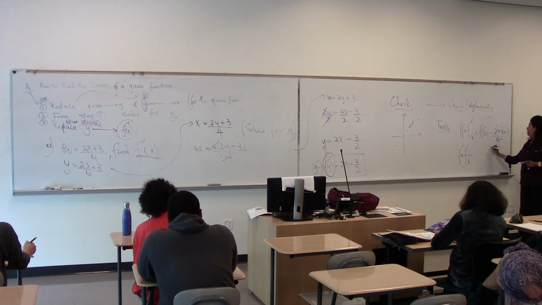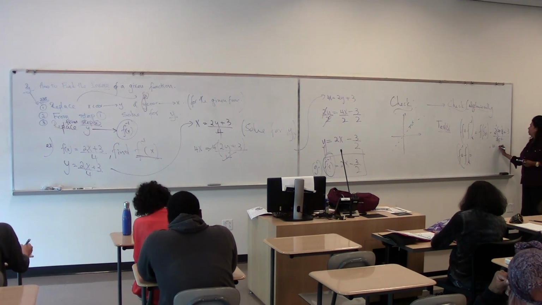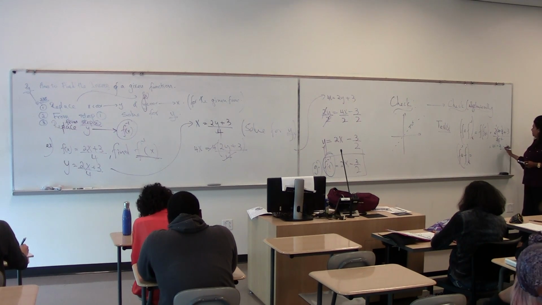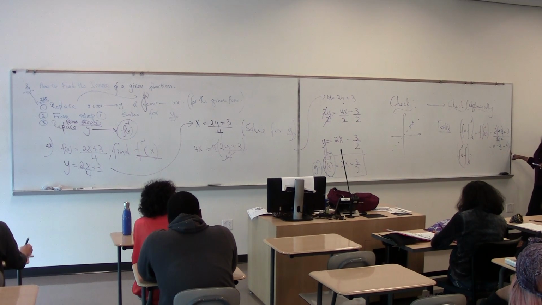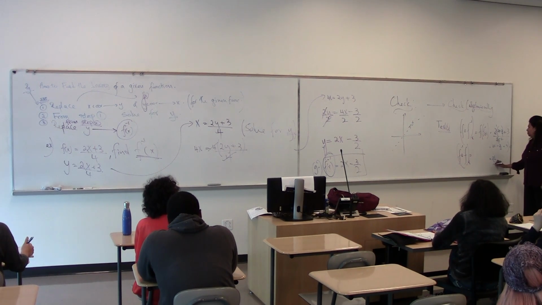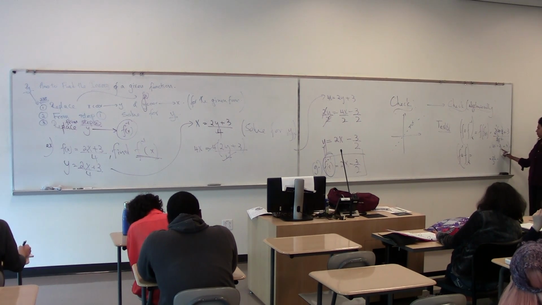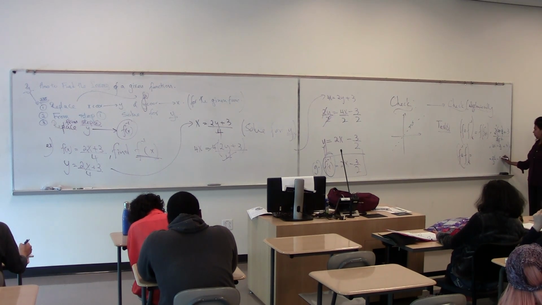So now we have 2x minus 3/2 plus 3, whole thing divided by 2. 2x divided by 2, minus 3/2 divided by 2. 3/2 divided by 2 is 3 over 4.